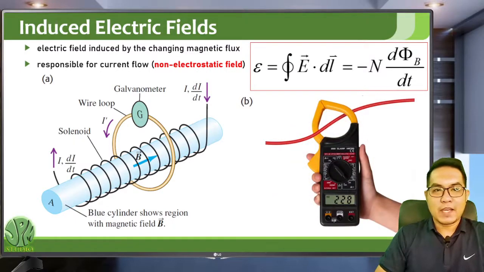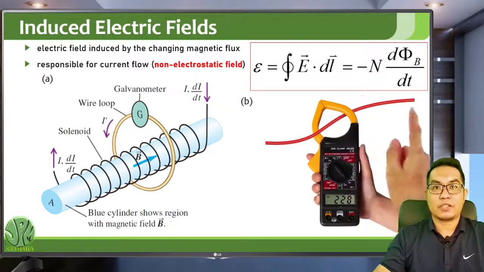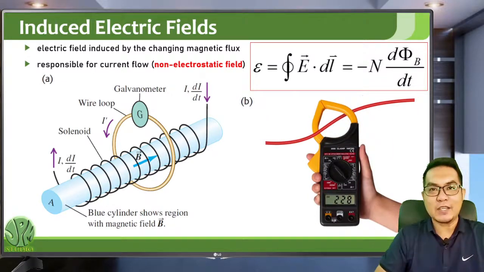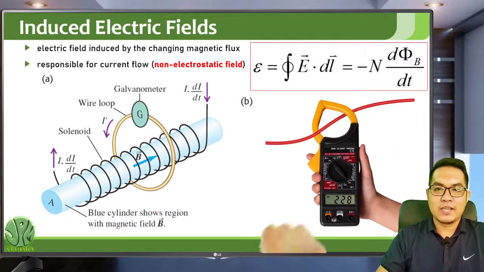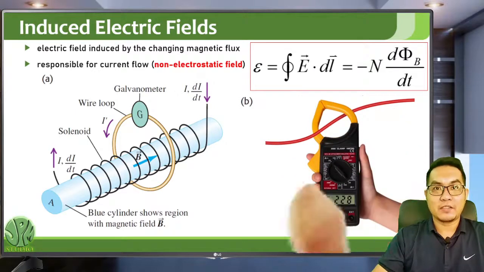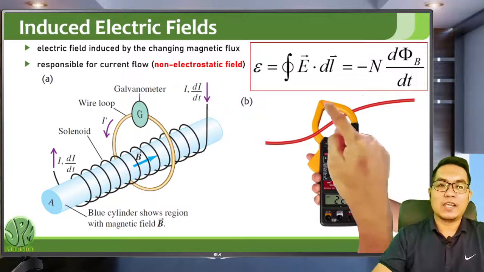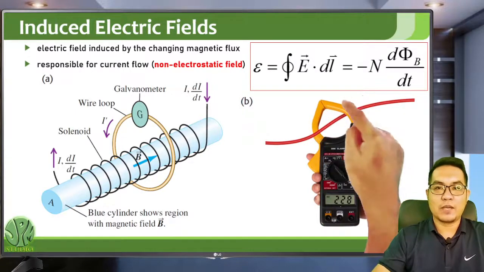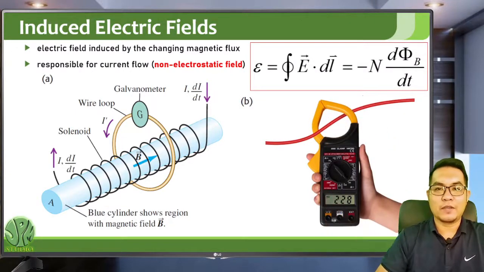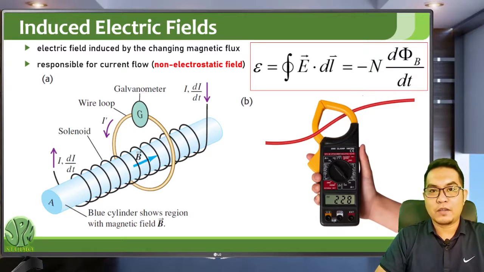A practical application of this is the way we measure alternating current. This is a wire that's usual in our homes carrying AC, alternating current. Since the current here is alternating, meaning it's changing, this will induce a current in this clamp, or in this loop here, and that can be read by your voltmeter or multimeter.